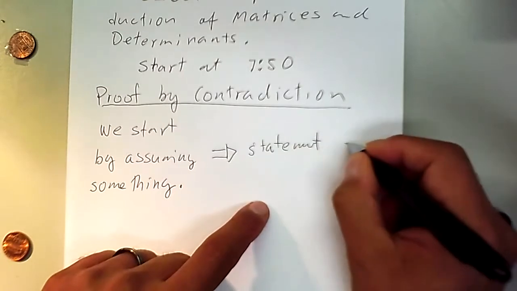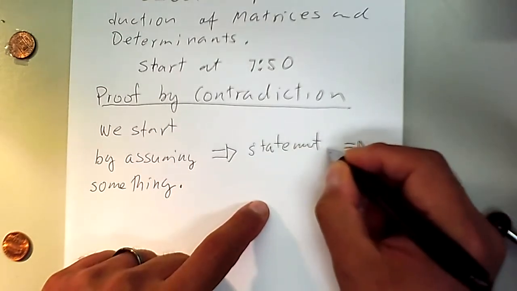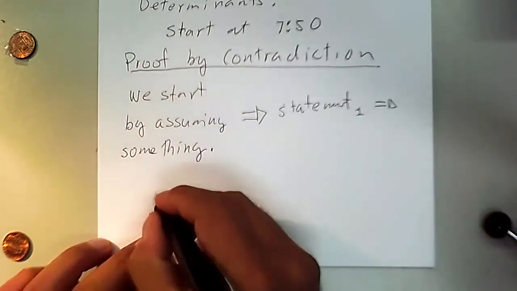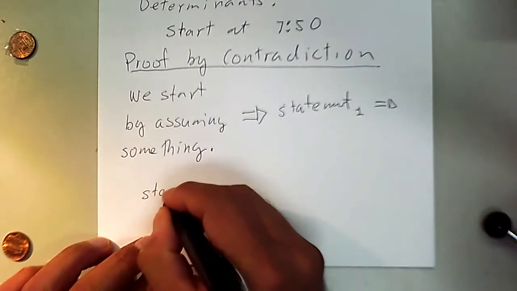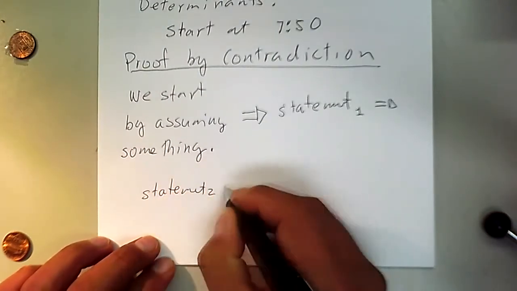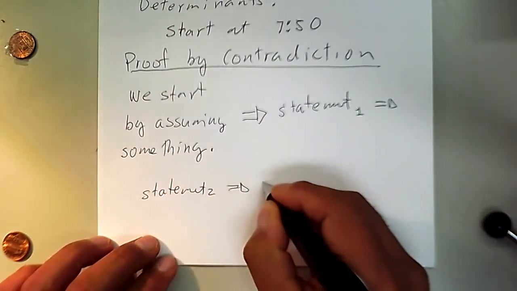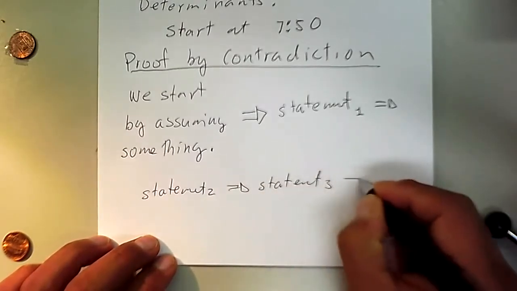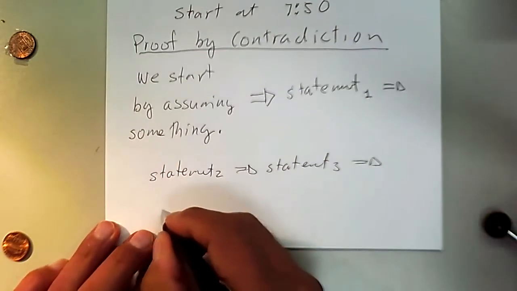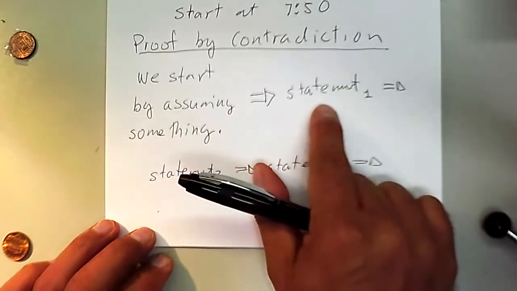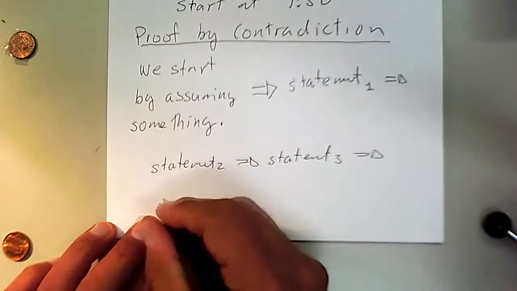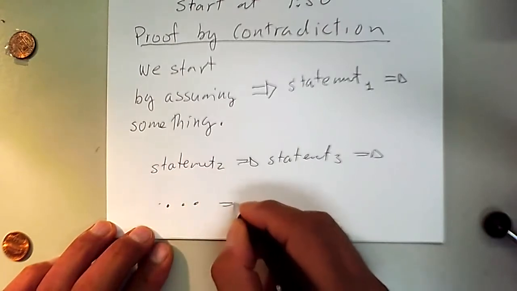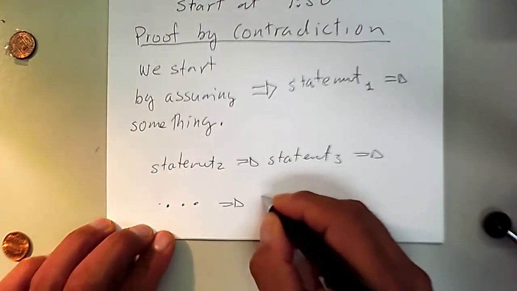which we can label as statement 1. And then that may imply statement 2, which then could imply a statement 3. And this continues for a while. This could be very, very long or very short, and then we continue this way until we get to a final statement.